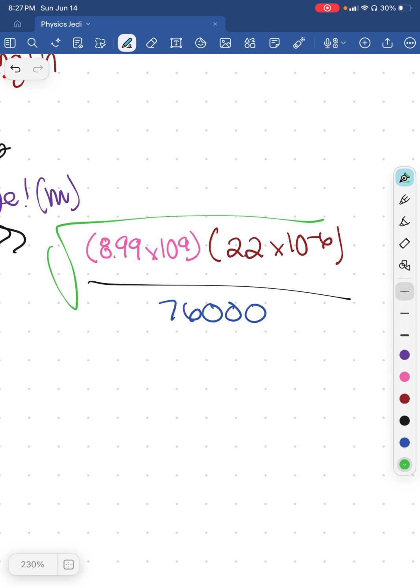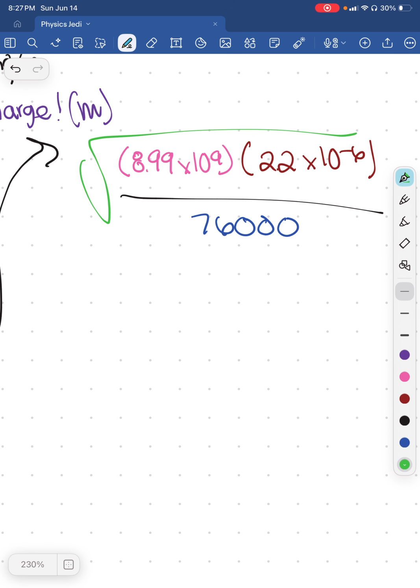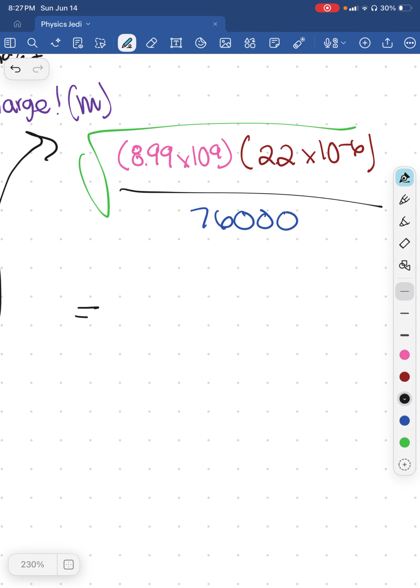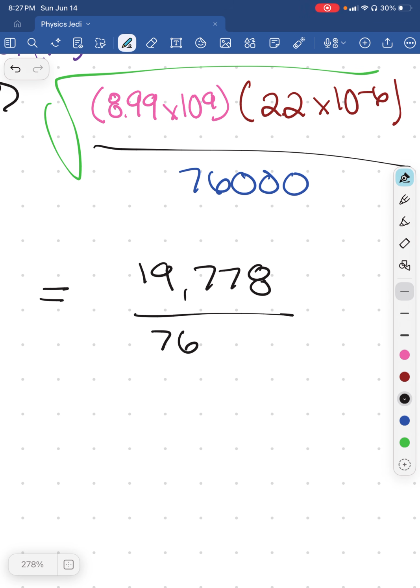So we can calculate the numerator first. Our numerator value is going to be equal to 19,778. And we're going to divide that by our denominator, which is 76,000.